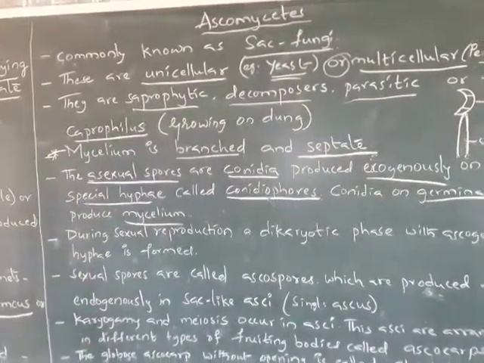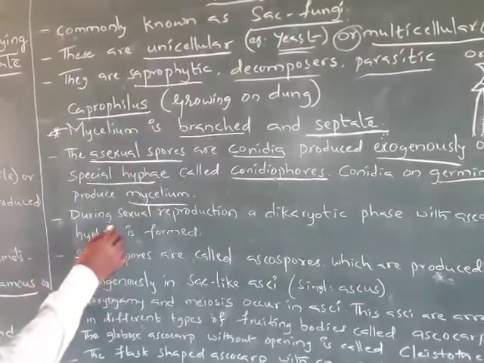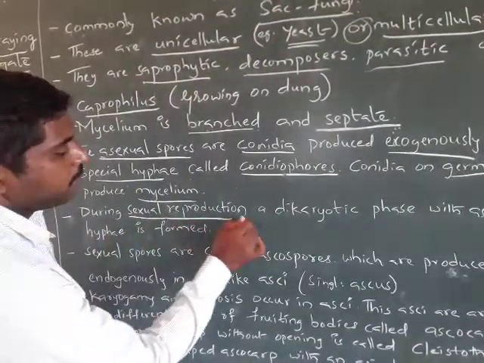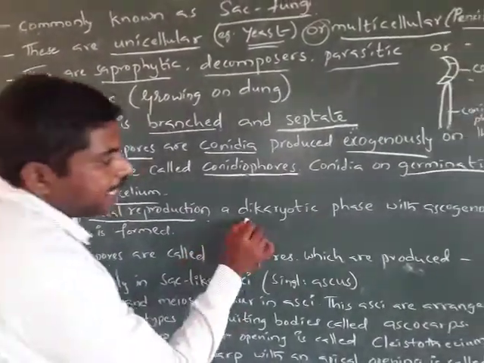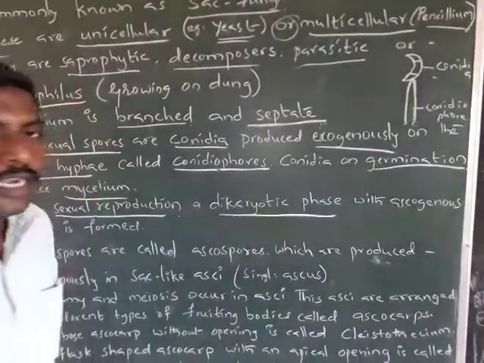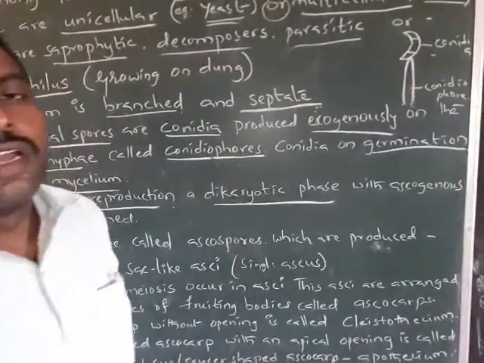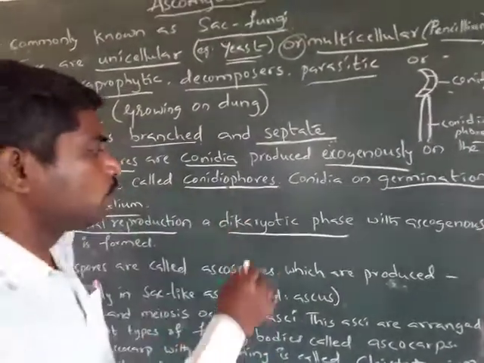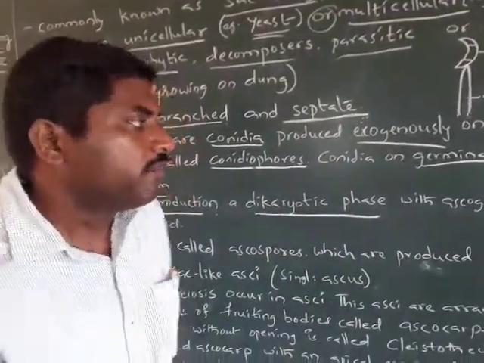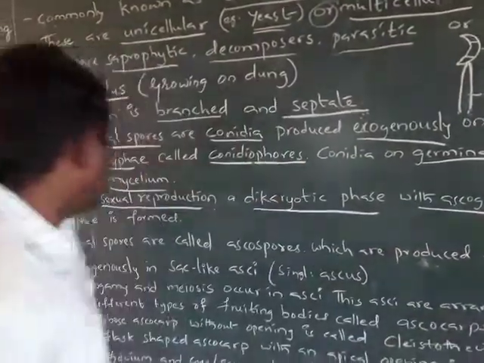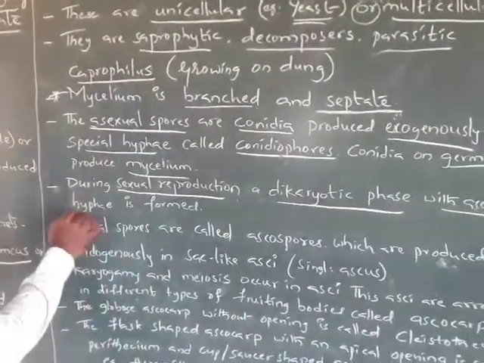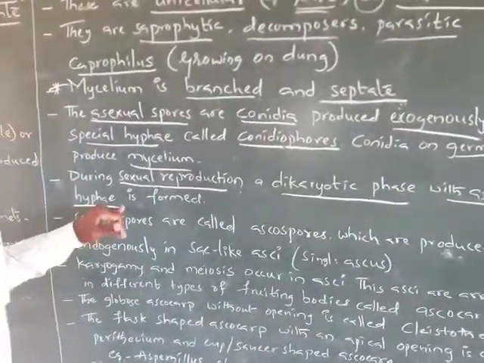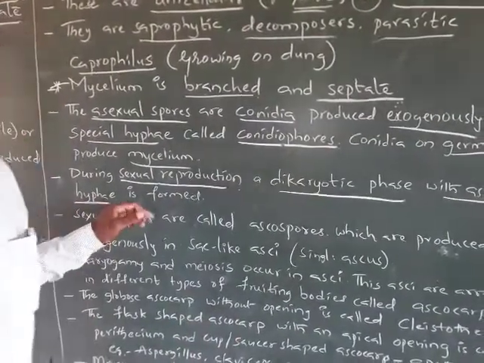Coming to sexual reproduction, they have a dikaryotic phase, which means two nuclei are there, with ascogenous hyphae.